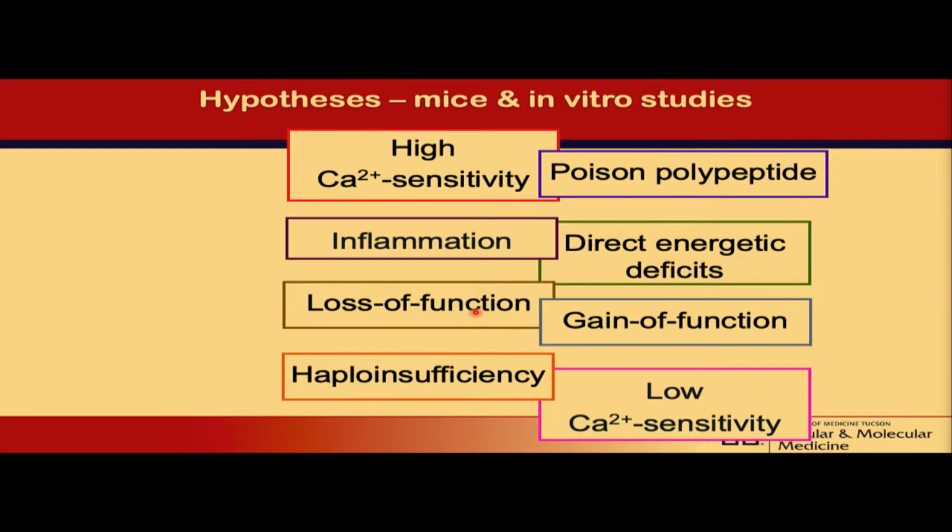Some genetic variants can activate more inflammation. Some mutations can cause direct energetic deficit. And then we talked about loss of function, gain of function, haploinsufficiency, low calcium sensitivity. So these all can be potential mechanisms for developing hypertrophic cardiomyopathy.